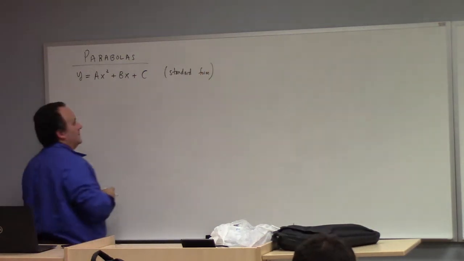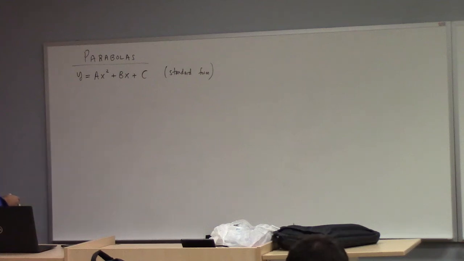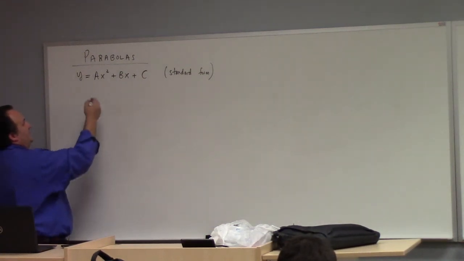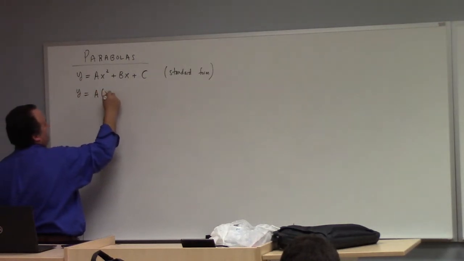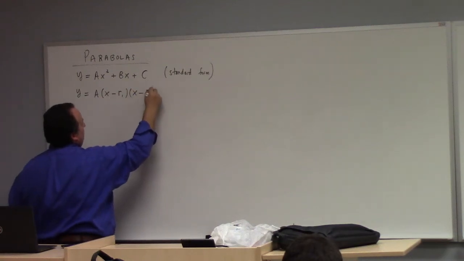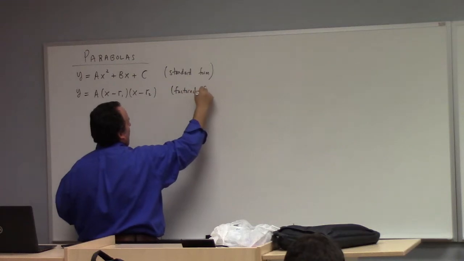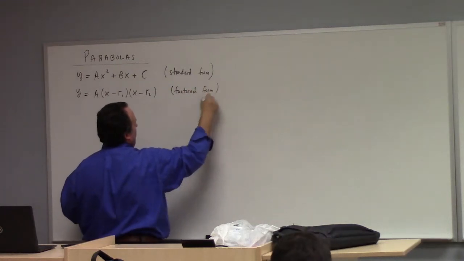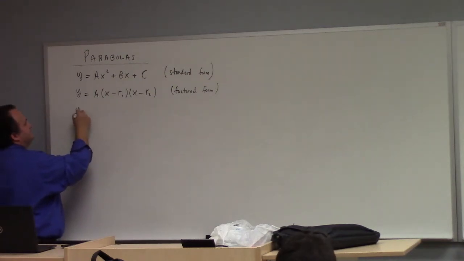All right. And you know what, for kicks, I'm just going to write the other popular forms. You could also write it in factored form. And you could also write it in vertex form.